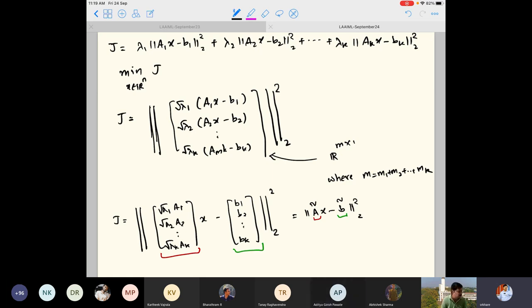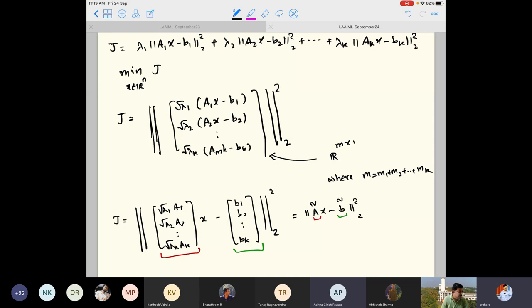Yes sir, did you mean this? But I didn't consider this lambda factor. Yeah, so the lambda factor is typically decided based on how important it is for you to force the value of a particular J1 to the minimum value, or to zero, as close to zero as possible compared to the other cost functions. Right? Based on that, you will design these weights lambda 1, lambda 2, lambda k.